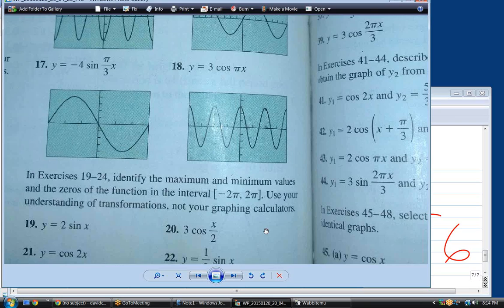So if you have a b, let's say I wanted to know how to plot tangent of 2x. Well, b is 2, but the period would be pi divided by 2. All right. Okay, so the period for sine and cosine is 2 pi. The period for tangent is pi. All right. The natural periods. Right.